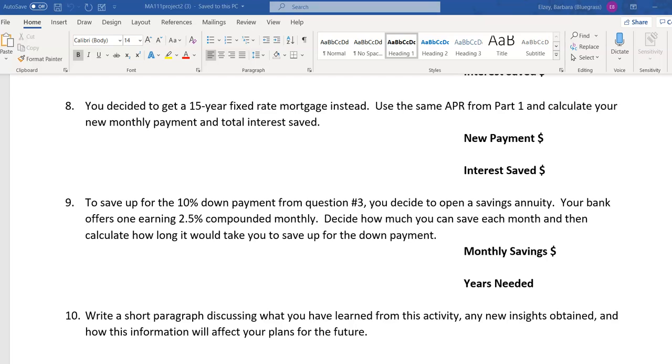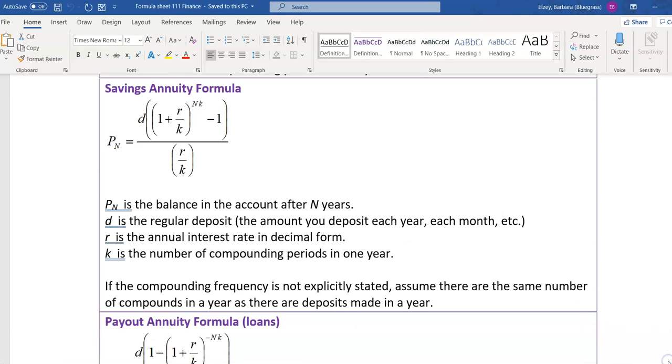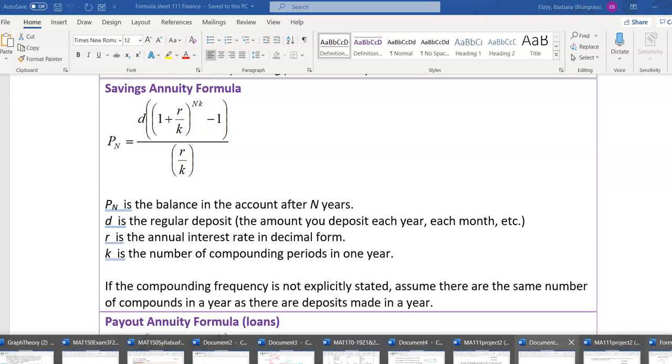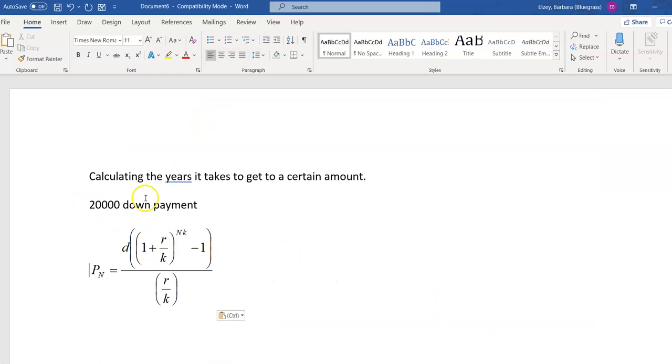Now, I am going to just pretend that the house that I was going to make a down payment on is a 20% down payment. So I'm going to call it 20% down payment. Now, I told us in the problem that we're going to have 2.5% interest rate. And I'm going to say I can put away $300 a month that I don't have to pay for other things.